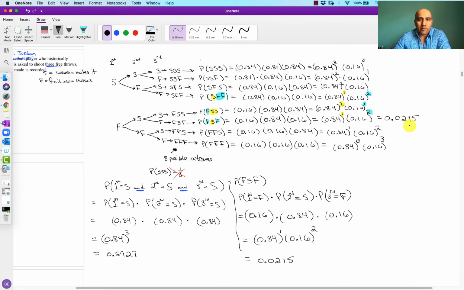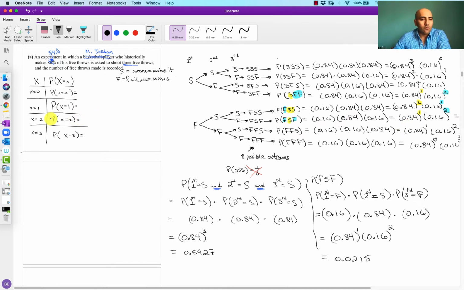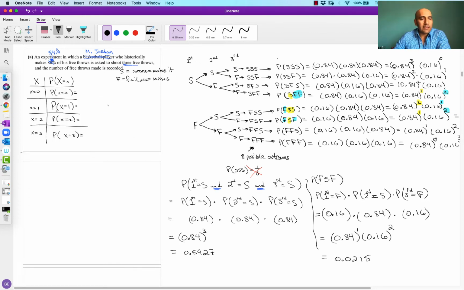But that's not exactly what we were after. We wanted to fill out this table over here. So, for example, we wanted to figure out this one. What's the probability that he makes exactly 1? That's what this means. The probability that x equals 1, which is successes, is the probability that he only has 1 success. This has no specific order, whereas the probability that he has FSF has a specific order, a specific sequence.